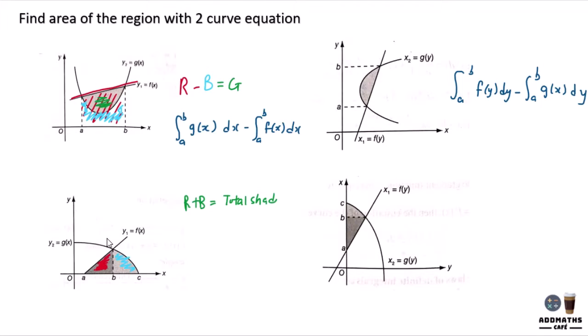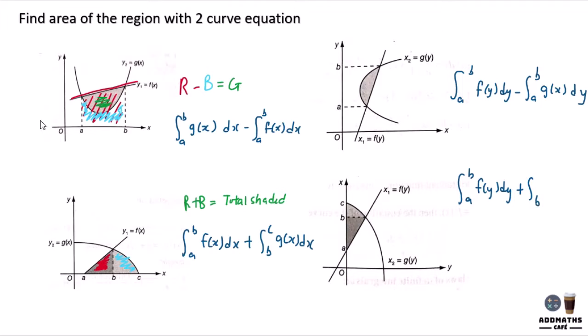So in this case, the formula will be from A to B of f(x) dx plus B to C of g(x) dx. And same goes for this, A to B of f(y) dy plus B to C of g(y) dy, and you will get the shaded region.